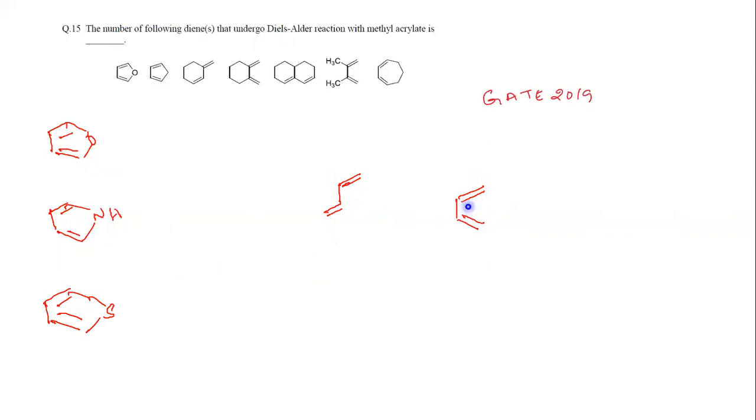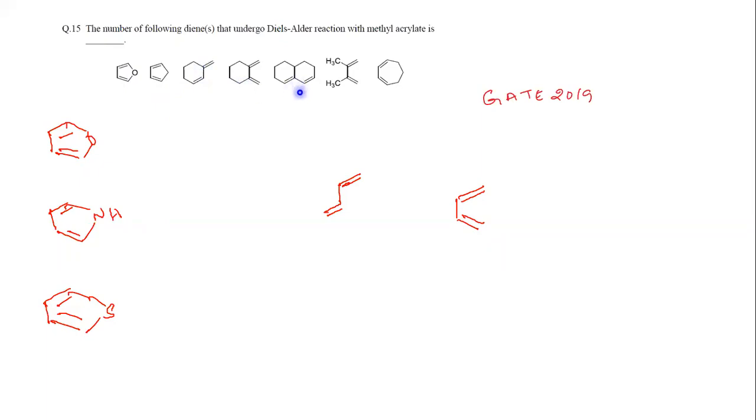And with respect to this single bond, these two double bonds are cis to each other. So this is an s-cis diene. The s-cis dienes would easily undergo Diels-Alder reaction. So in this case, we have an s-cis, and we have an s-cis, and this is s-trans. This would not undergo Diels-Alder reaction. Again, an s-cis, it will undergo Diels-Alder reaction.